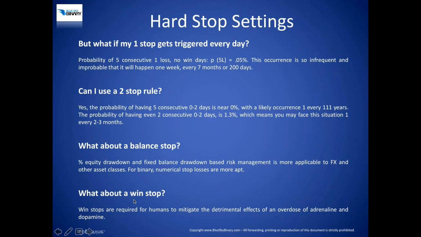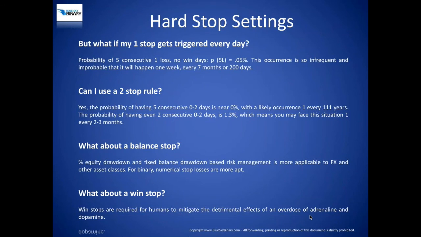With regards to win stops, we've received some requests. Are we going to be adding win stops, which means if the system wins 5 trades or 6 trades, it stops trading or it stops replicating? In our view, these win stops are required for humans to mitigate the detrimental effects that ensue if you're winning too much, like you have an overdose of adrenaline and dopamine, which make you make risky decisions. So you become overconfident if you win too much.